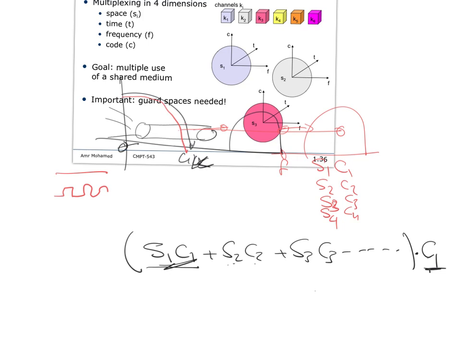Okay? So the codes are orthogonal compared to each other. What does orthogonal mean? The correlation between a code and all the other codes is 0. So the multiplication is 0. Clear? So this is the example in real life.